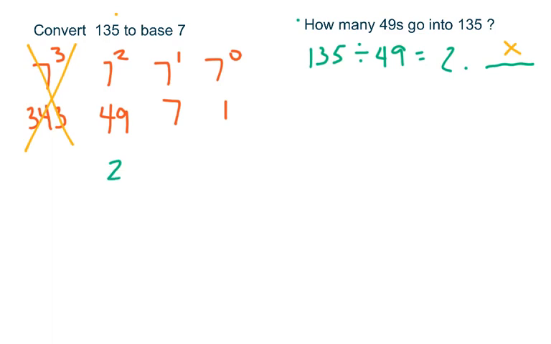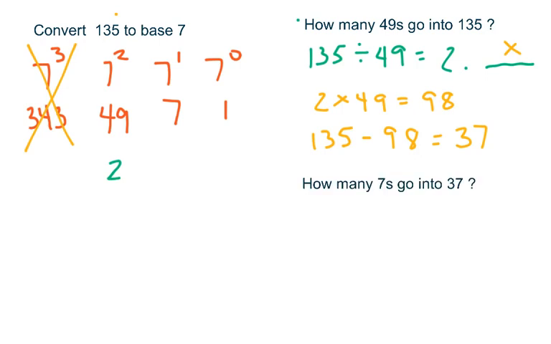The next thing I have to think about is, okay, I was trying to account for 135. How much have I accounted for so far? Well, I used 2 49s, so that is 98. So how much of 135 is left that I still need to account for? Well, I had 135 when I started. I've accounted for 98 of that, which leaves me 37 that still needs to get written in my base 7 number.